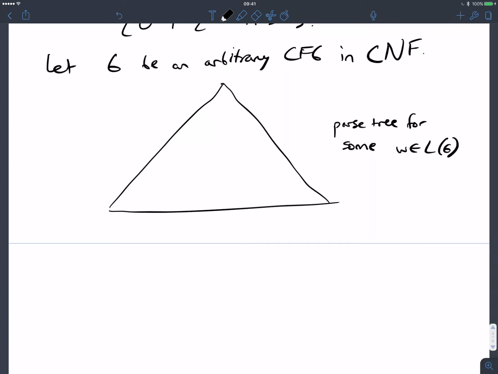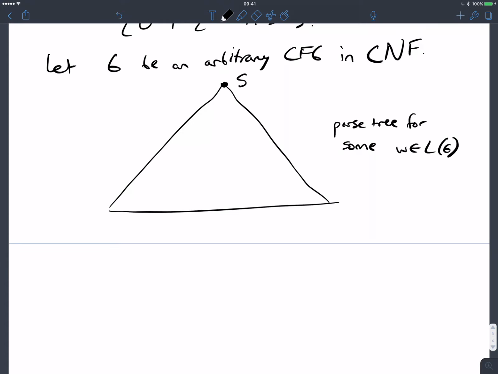Because the grammar is in CNF, could I guarantee anything about the structure of this parse tree? Well, I'm not looking at derivations here. I'm looking at a parse tree. So it's with these nodes with children, but could I guarantee anything about the structure of the parse tree because the grammar is in CNF? Well, first off, what is the top node?